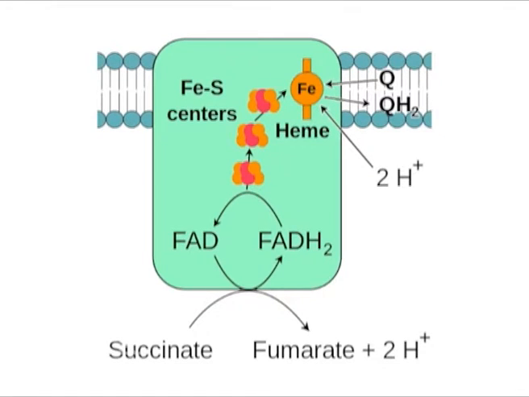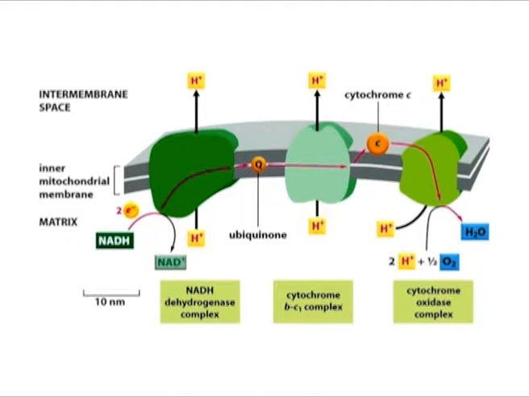Once it is reduced to QH2, ubiquinone delivers its electrons to the next complex in the electron transport chain. Q receives the electrons derived from NADH from complex 1 and the electrons derived from FADH2 from complex 2, including succinate dehydrogenase.